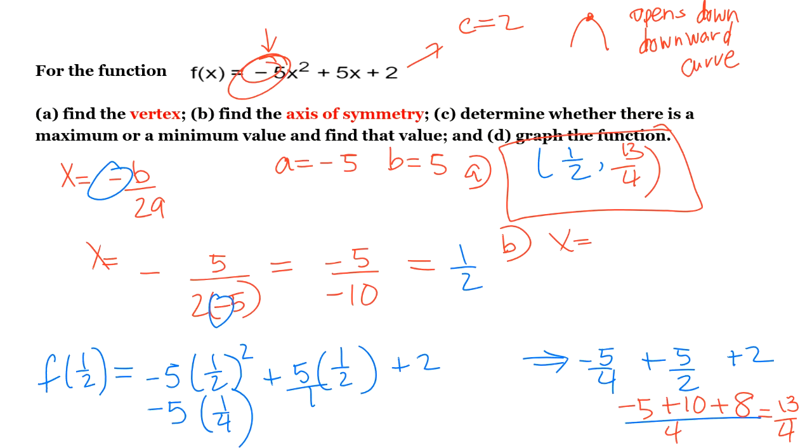That would be my x coordinate of the vertex. So that is x is equal to 1/2. And my parabola is going to open downward, which means that when it's down, I have a maximum point.